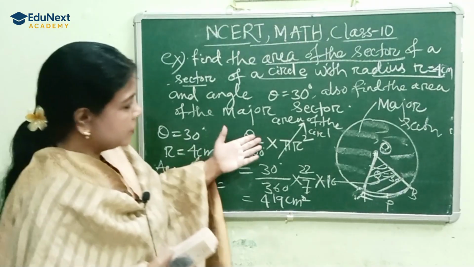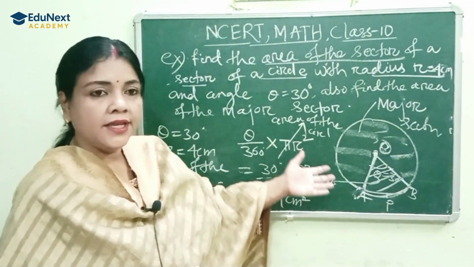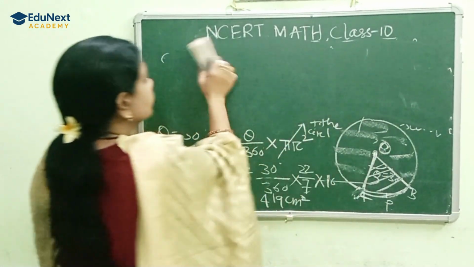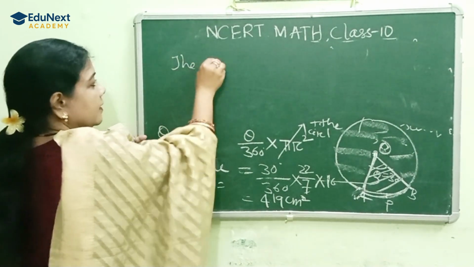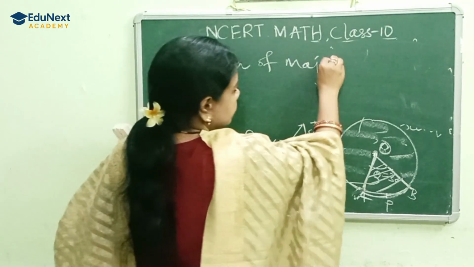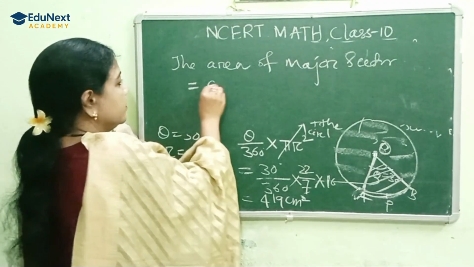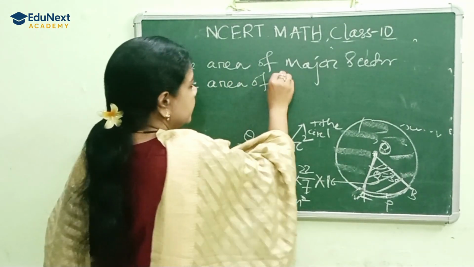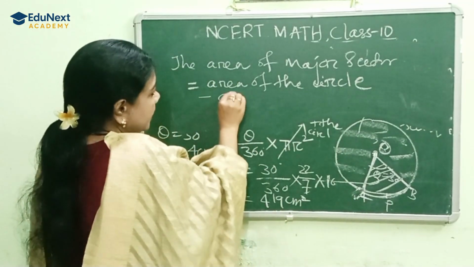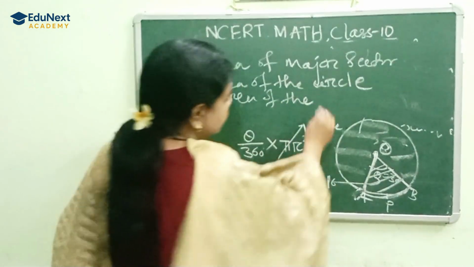Now the second question asks us to find the area of the major sector. The area of the major sector is equal to the area of the circle minus the area of the minor sector.